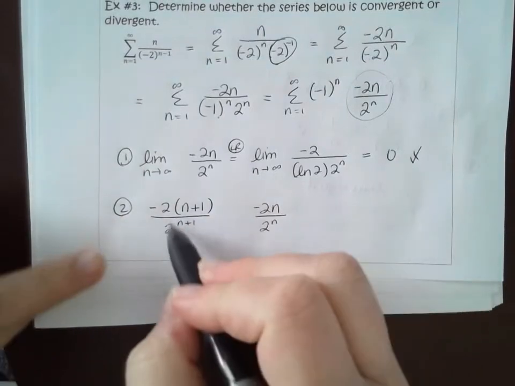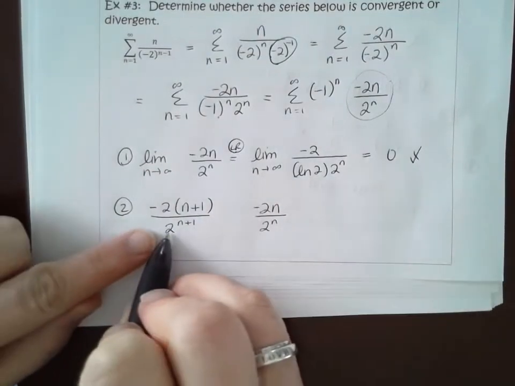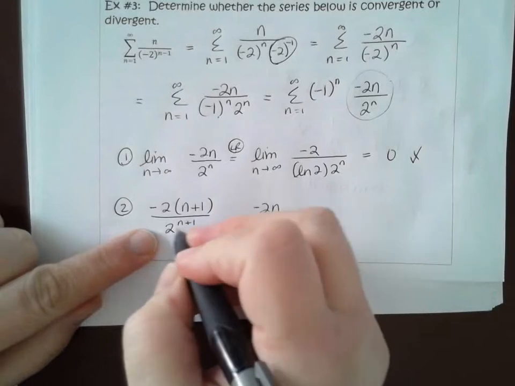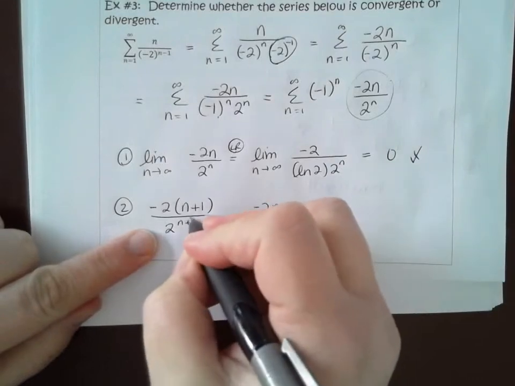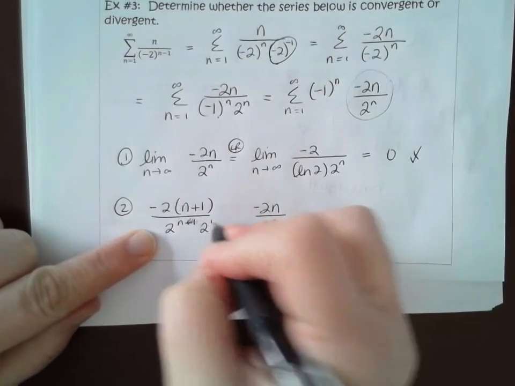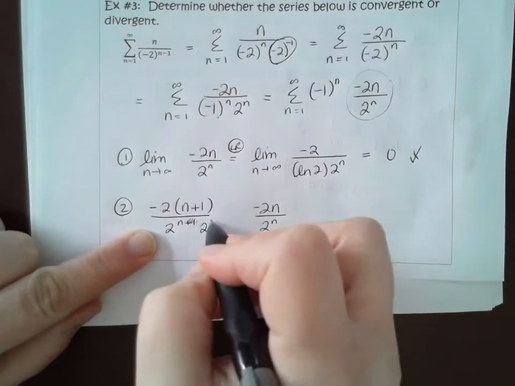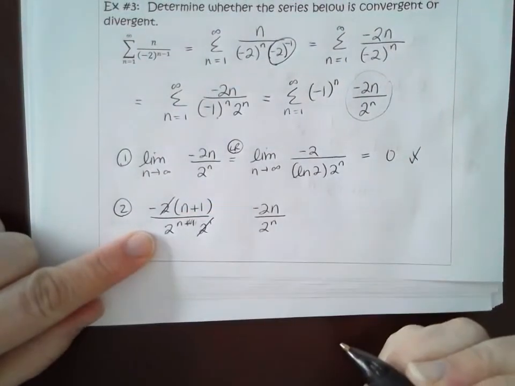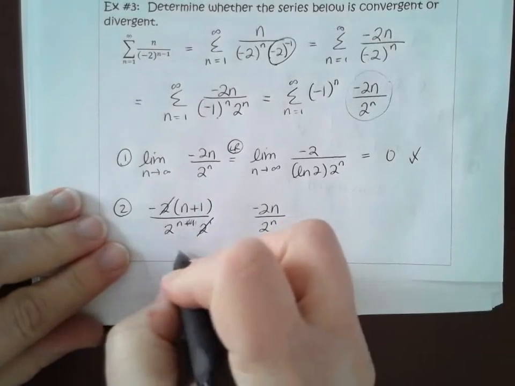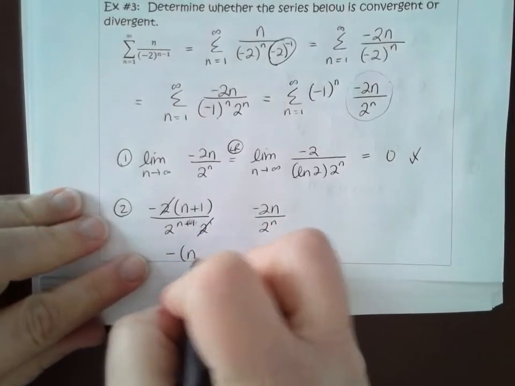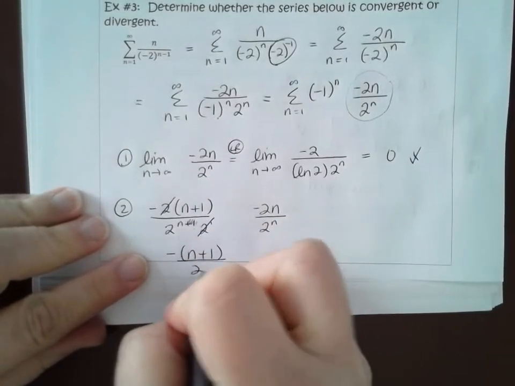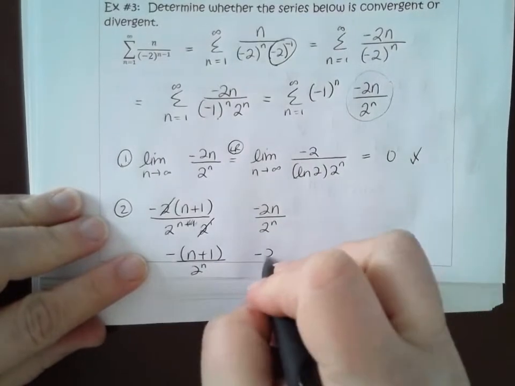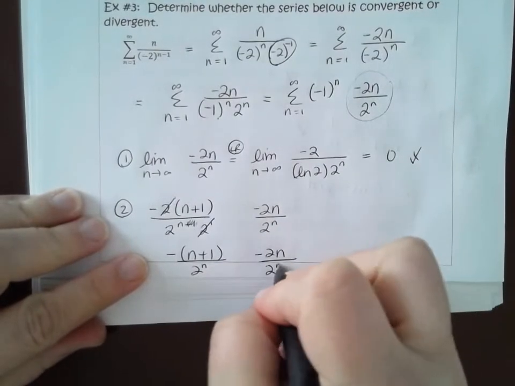So I'm running out of space. Let me repeat what I'm going to do. This 2 to the n plus 1 is really 2 to the n times 2 to the 1. And that 2 can cancel with that 2. So now I have negative n plus 1 over 2 to the n and negative 2n over 2 to the n.